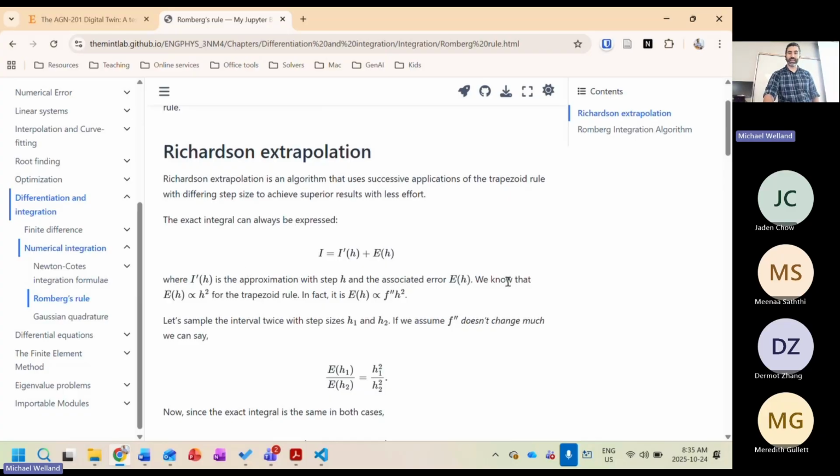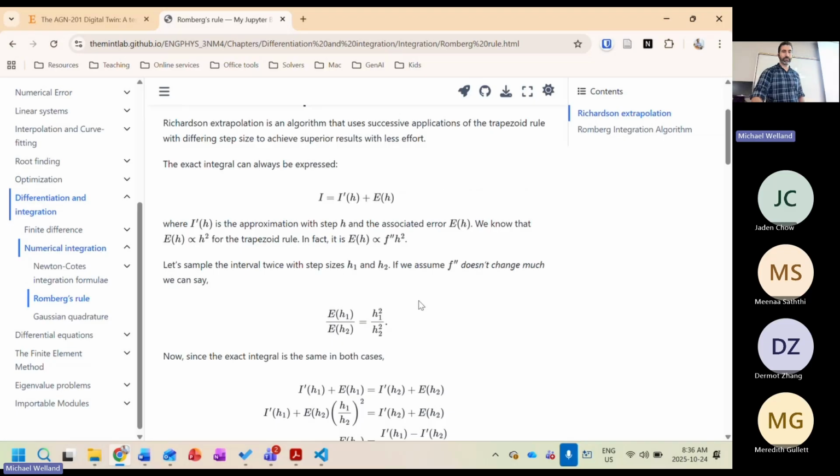The associated error E(h), we know is proportional to h squared for the trapezoid rule. We found that out last time. If we don't ignore everything in front, as in big O notation, it's actually proportional to the second derivative of f times h squared. Keep that in your mind for a second.